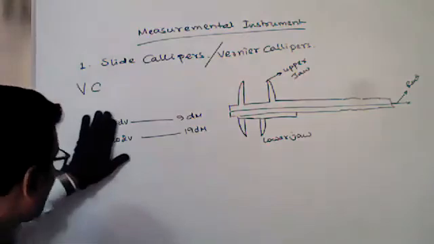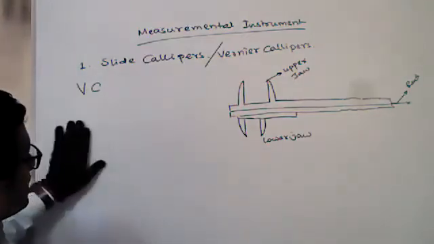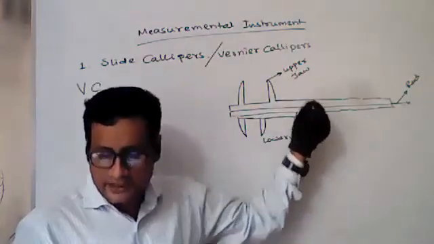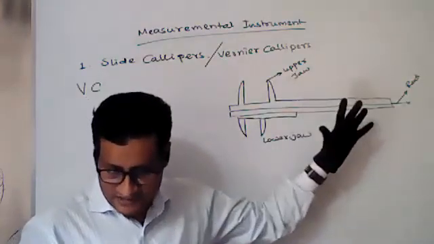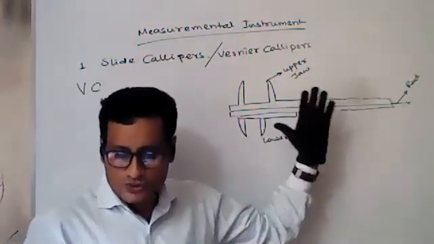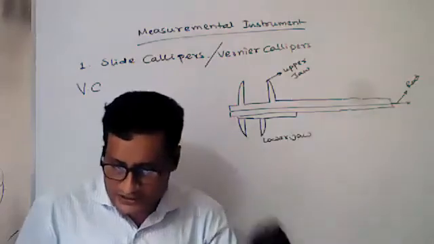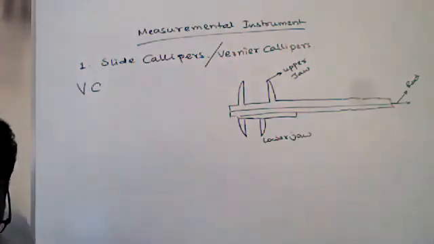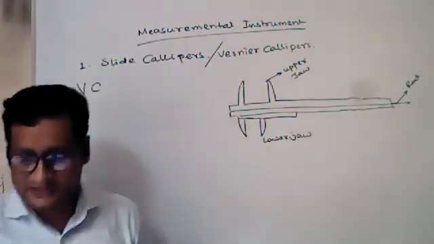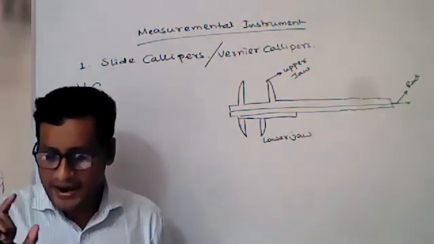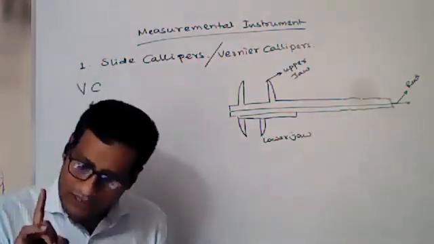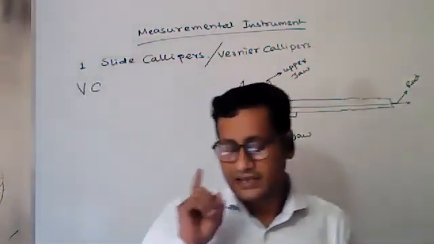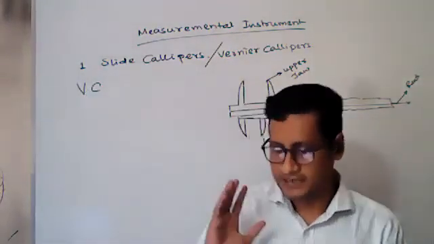So we know the main scale is calibrated in centimeters: 0, 1, 2, 3, 4. Between 0 and 1, 10 divisions are present. So we can say the smallest division of the main scale reading is 1 millimeter.